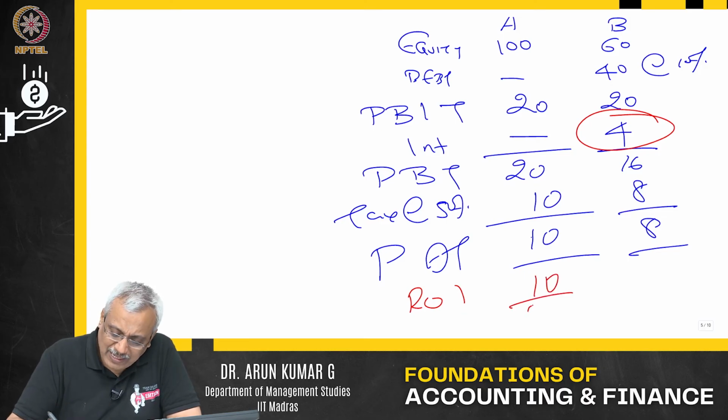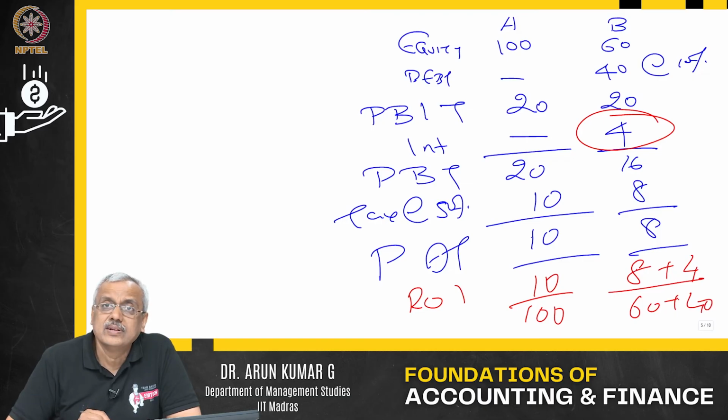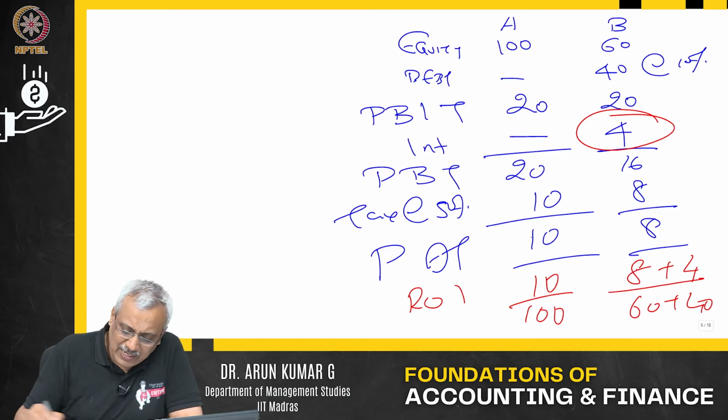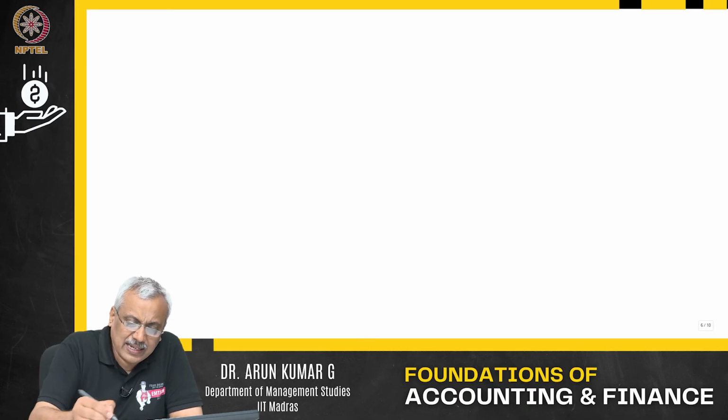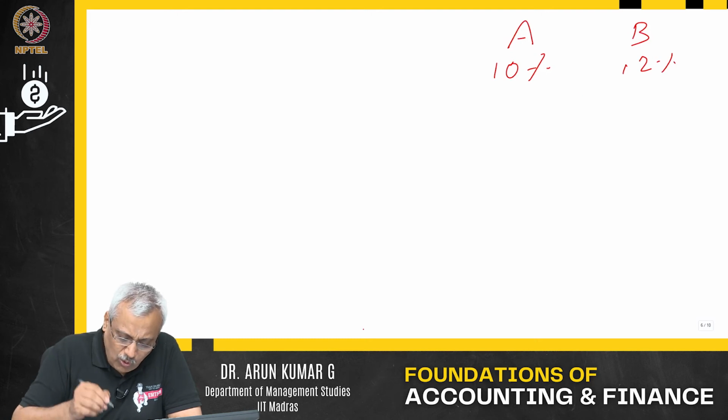My investment is $100. The return on investment in this case is $8 plus $4. My investment is $60 plus $40. So, you will say, can I say that company A has a 10% return whereas company B has a 12% return? Well, no.